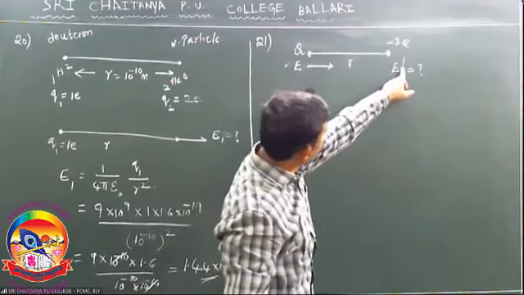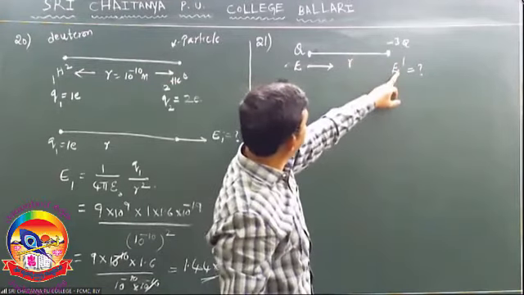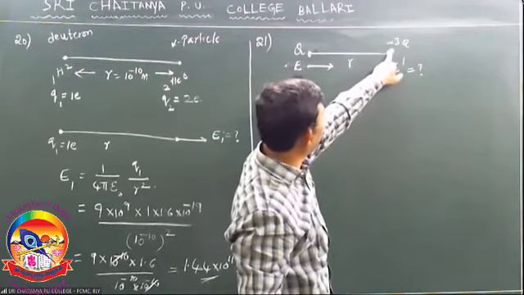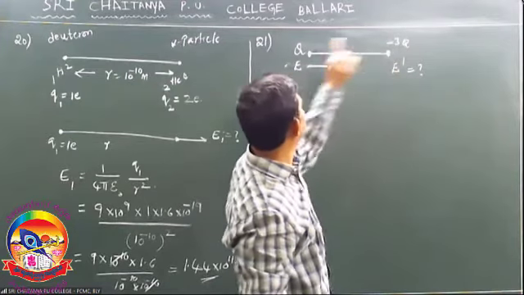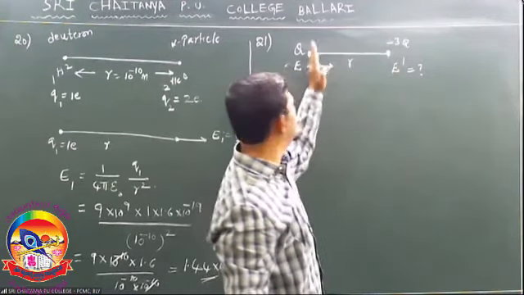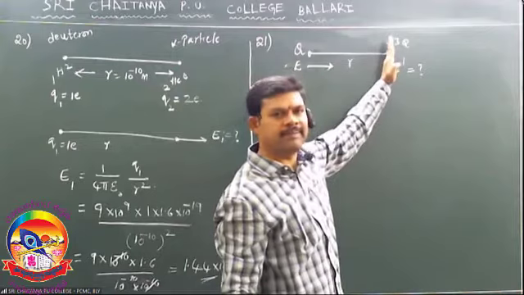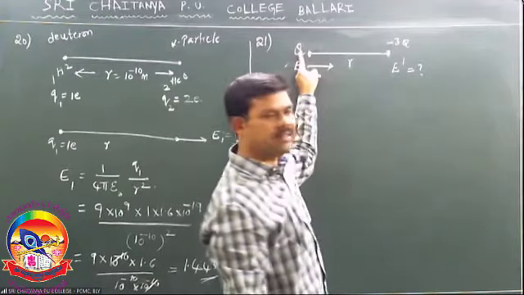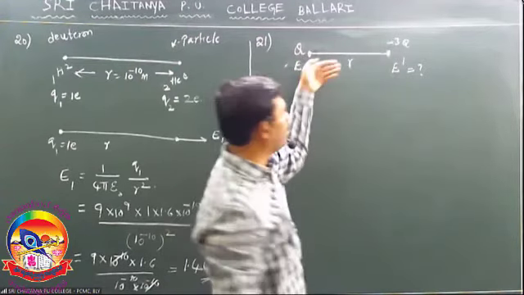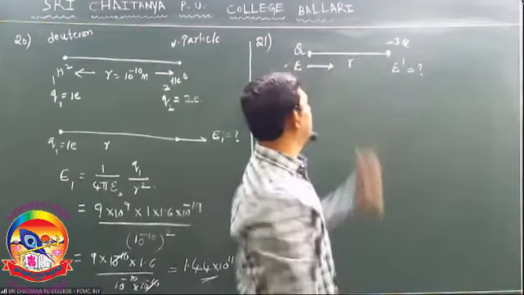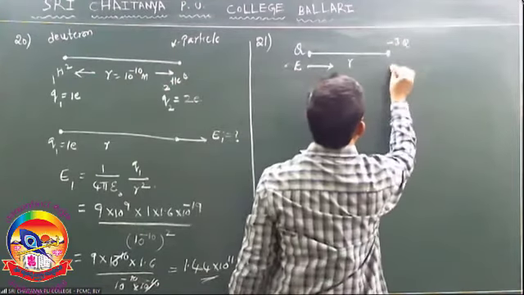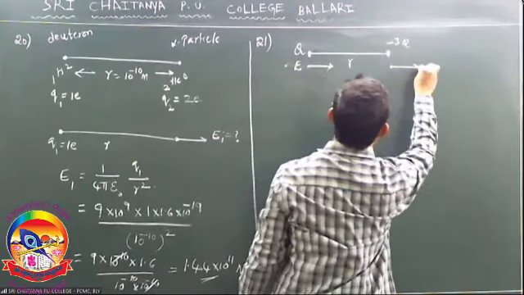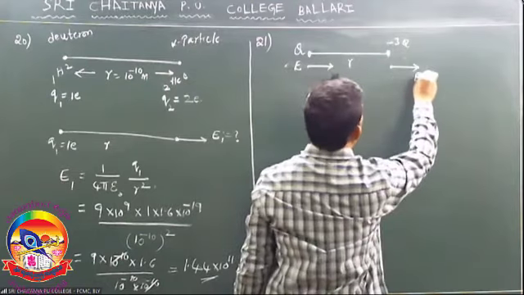And what is E dash? See, at the location of minus 3Q, here, the field is due to Q. It creates field here. What charge is this? Positive charge. Field direction, outward or inward? Outward. So here, field direction is outward, E dash.